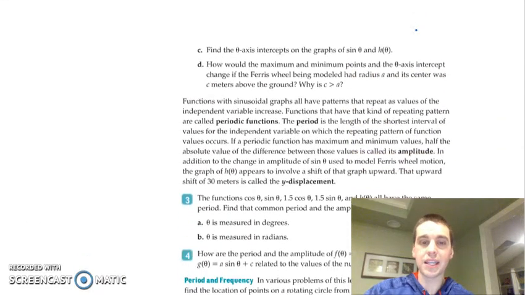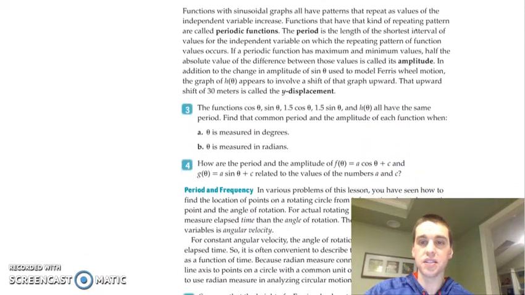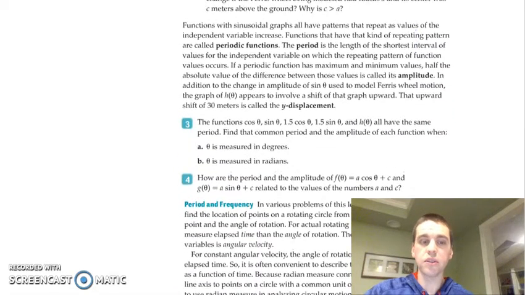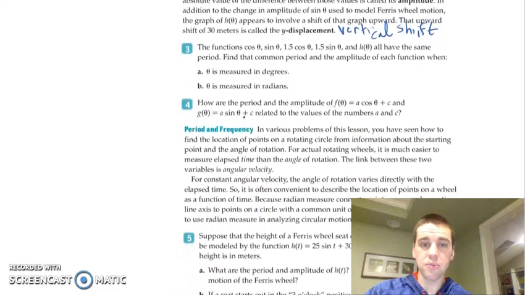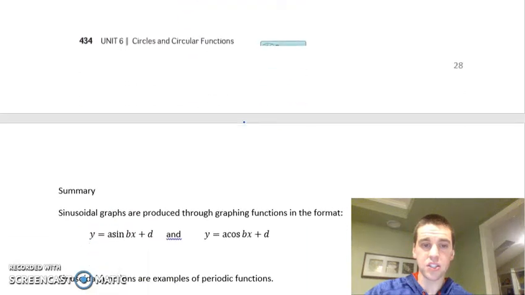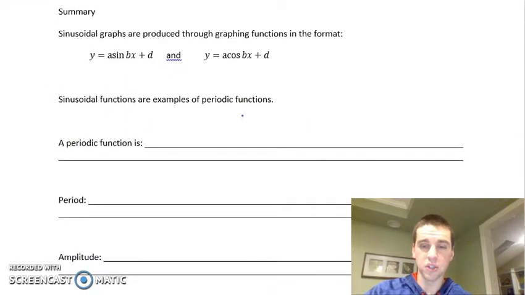Right now what I want to get to is these vocabulary words right here. The vocabulary words that we're going to look at are periodic functions, which we talked about already, period, amplitude, and the y displacement, also called the vertical shift. We're going to keep going down until we get to the summary, because we're going to go over the other stuff in class.